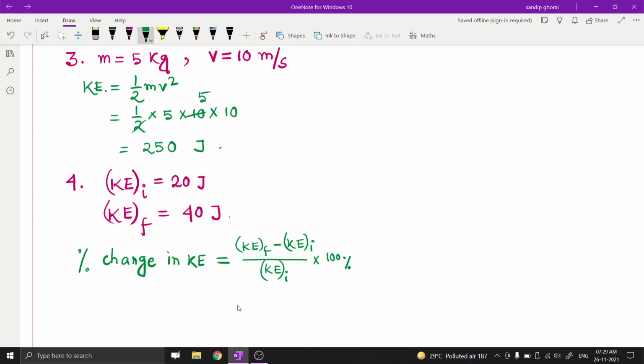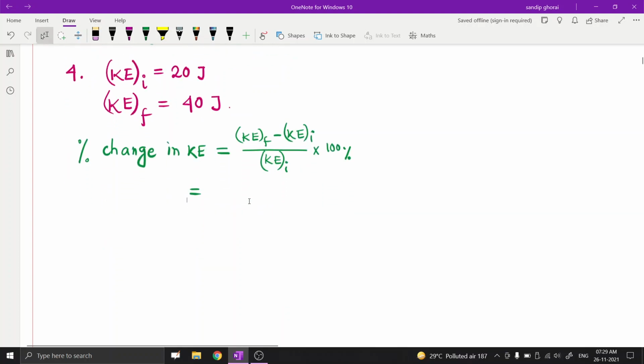So in this case, if we put the values, we get 40 minus 20 divided by 20 into 100%. That is equal to 20 divided by 20 into 100%.